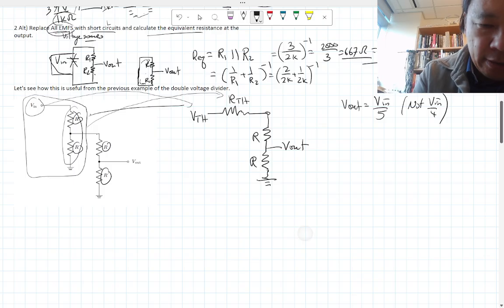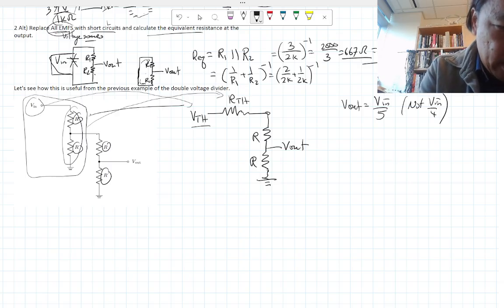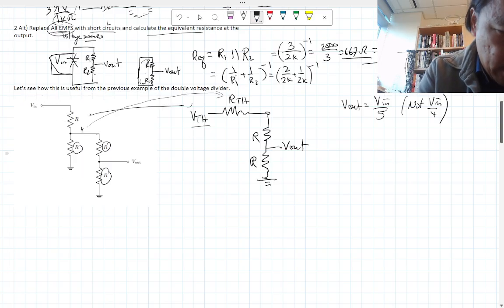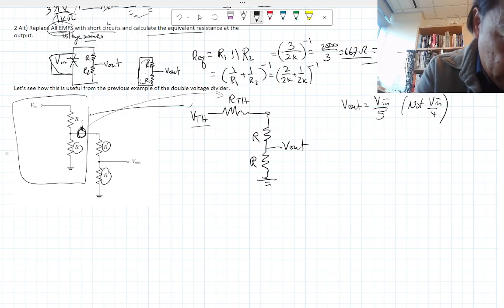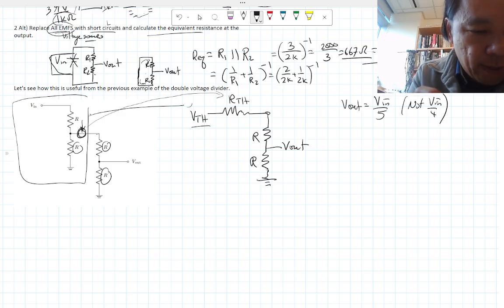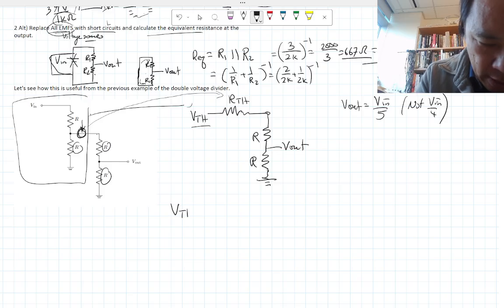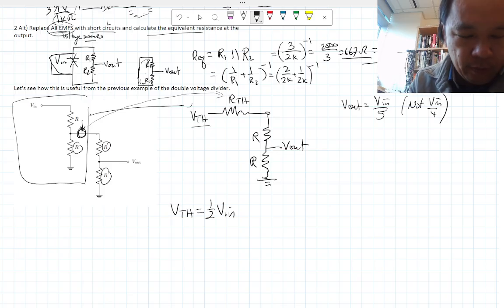V Thevenin is the same as this output here, the part I'm circling. That's just a 1/2 voltage divider, so V Thevenin in this case is 1/2 V in.